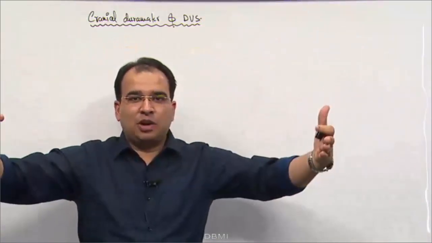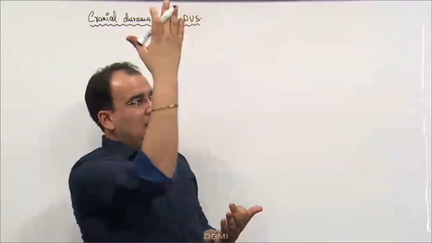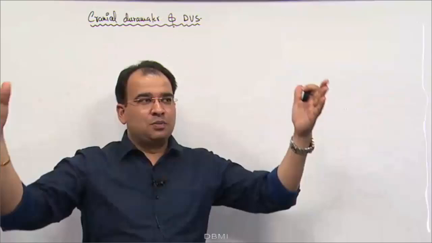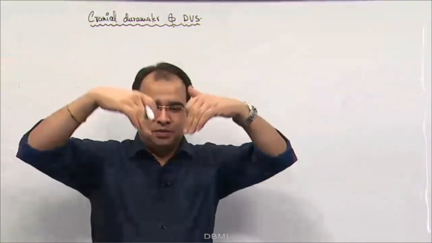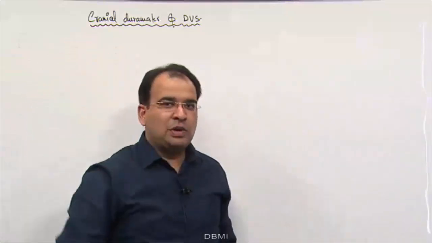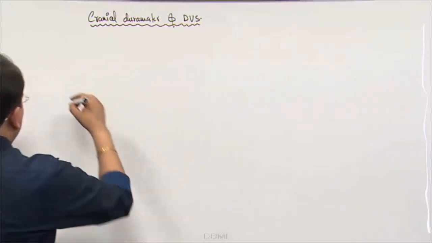Just like we have periosteum on the outside, this is endosteum. So we have an endosteal layer of dura mater with the bone, and there is another layer of dura mater which is more faithful to the brain. It goes along with the curvatures of the brain, like between the two cerebral hemispheres, we have a layer of dura mater which will dip inside and come out, and that is called the meningeal layer. So we have two layers of the dura mater.